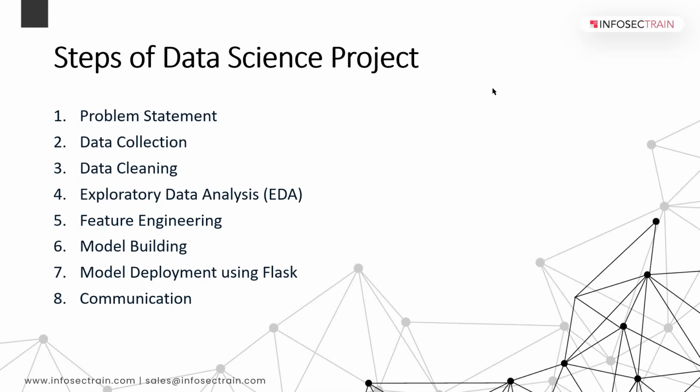Then after finalizing your data, you can go for feature engineering. Now there are different types of feature engineering. Feature engineering, in short, is nothing but finding out the useful features.